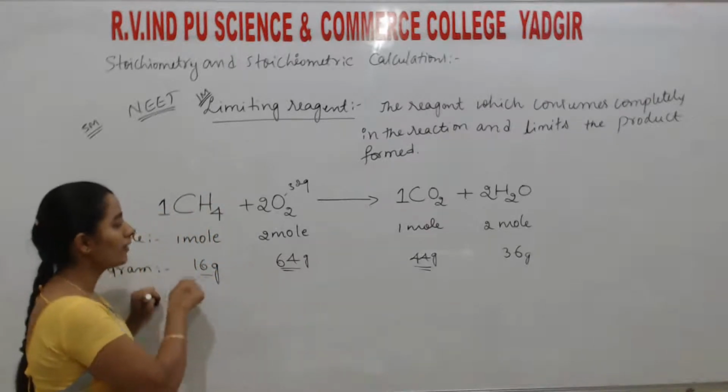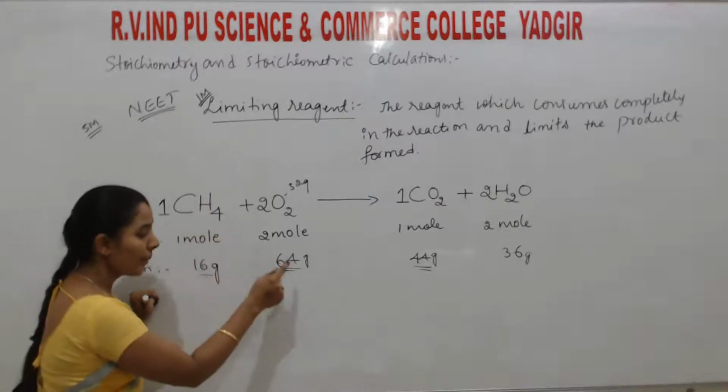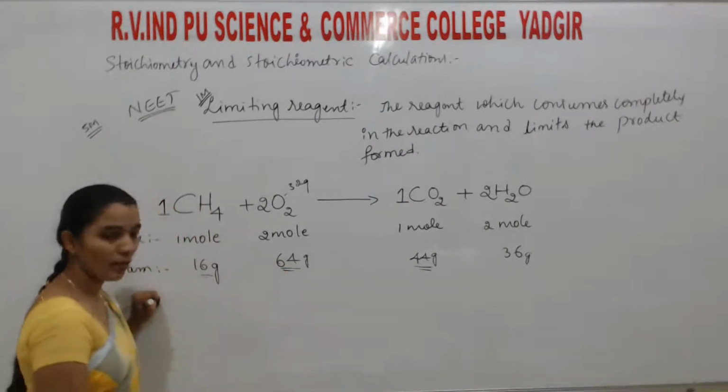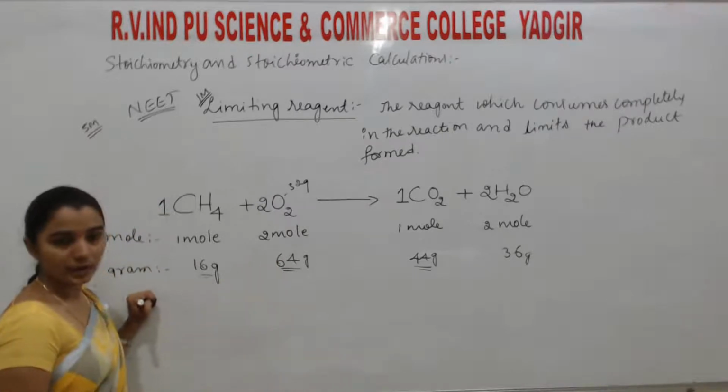If 16 gram of CH4 is there, it has the capacity to combine with 64 gram of oxygen to form carbon dioxide and water.